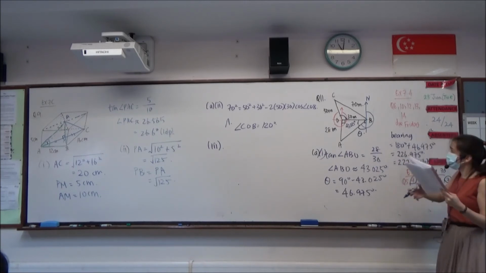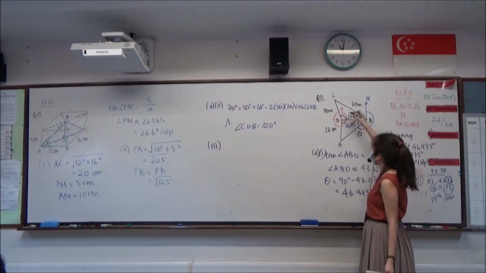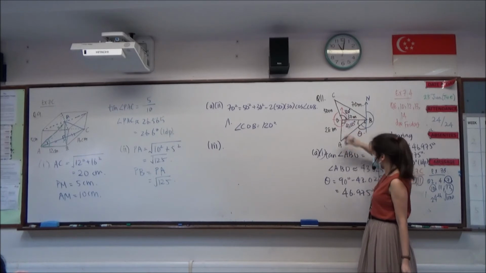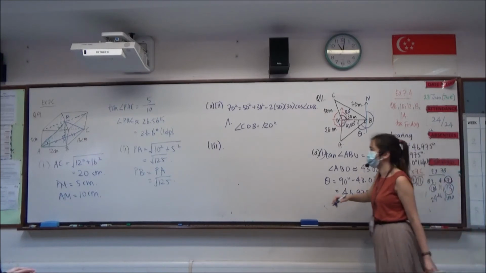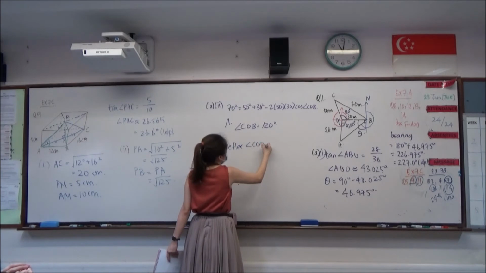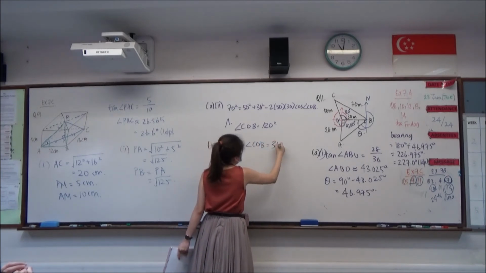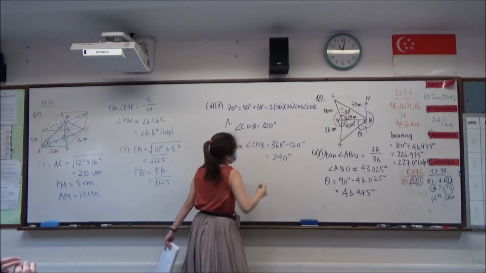Since we have already found angle COB, which is 120 degrees, we can find the reflex angle of COB, which is 360 degrees minus 120, we get 240 degrees.